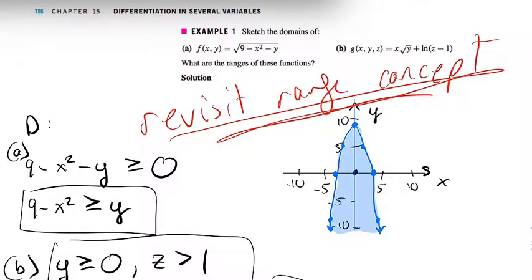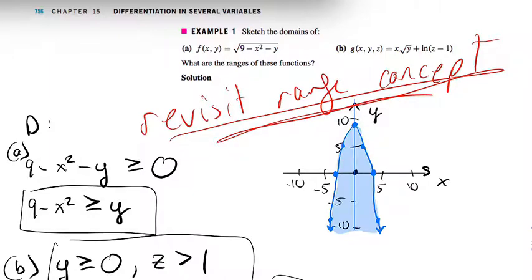So the radicand, the inside part, 9 minus x squared minus y, has to be non-negative, in other words, greater than or equal to 0. We set the radicand greater than or equal to 0 and solved. We had 9 minus x squared greater than or equal to y. Then we graphed this inequality, as you see with the blue parabola there.